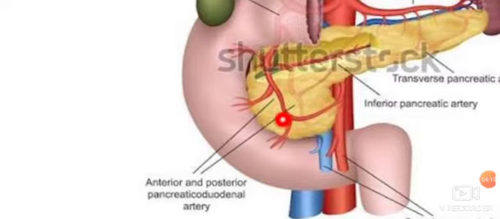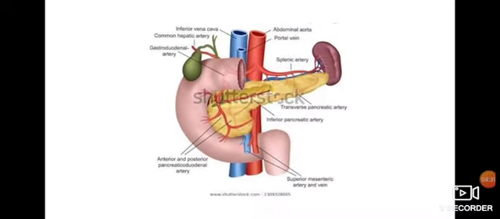This is the inferior pancreaticoduodenal, this is the superior pancreaticoduodenal, and both these arteries anastomose along the lateral border. That is about the relations of its borders.